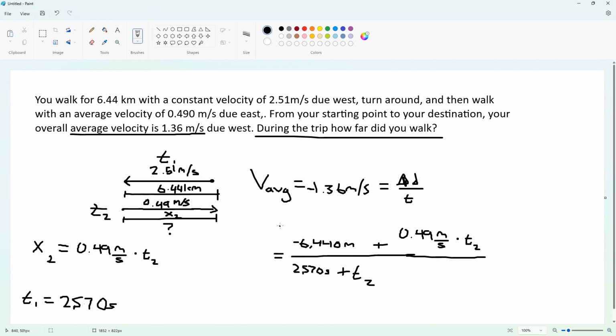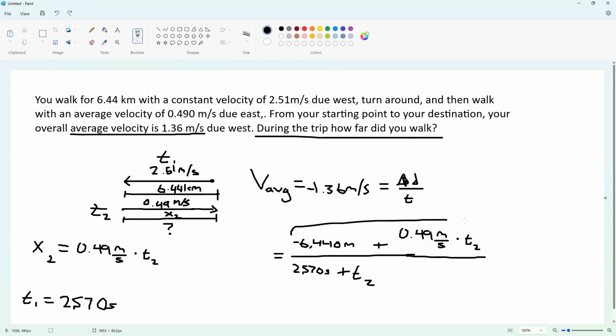Just the concept. What is it equal to? Speed, distance, time? If you're dividing this, which is the displacement covered the first time, plus the displacement covered the second time, that's going to be what?